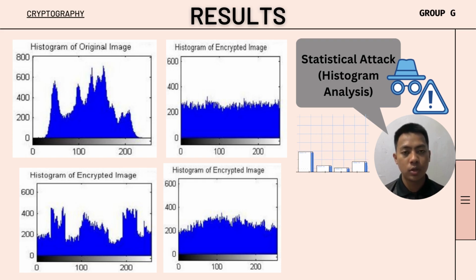Comparing all the histograms, we find that the pixel gray values of the original image are concentrated on some values, but the histogram of the encrypted image is very uniform, so the encrypted image does not provide any suspicion to the attacker, which can strongly resist statistical attack.